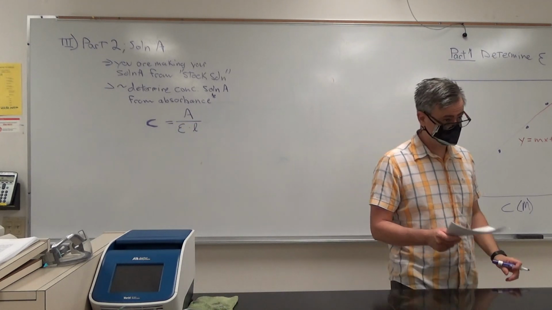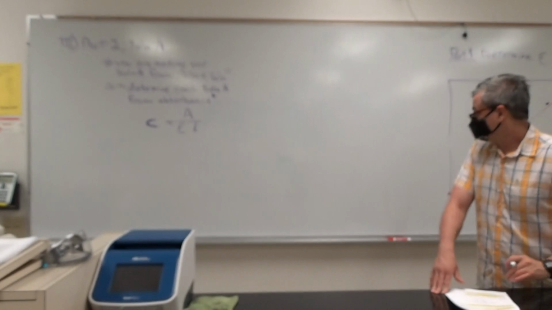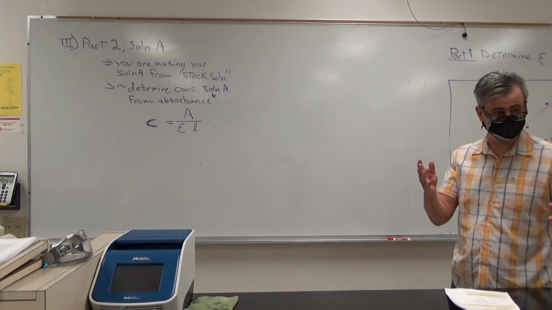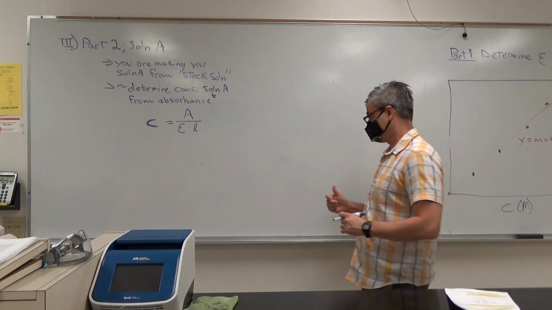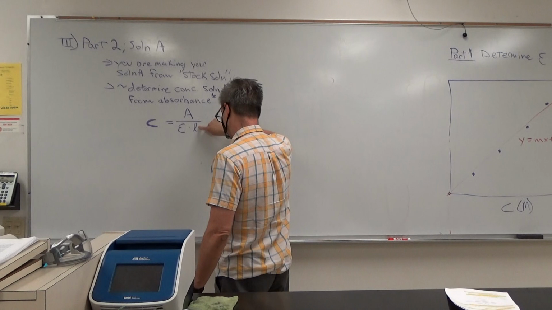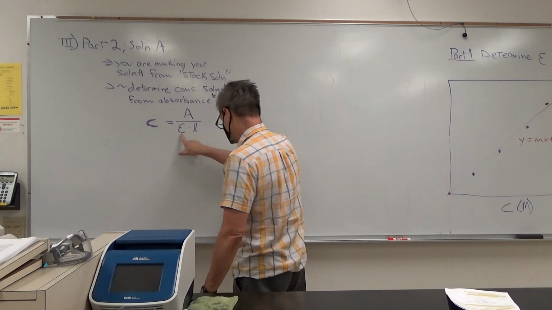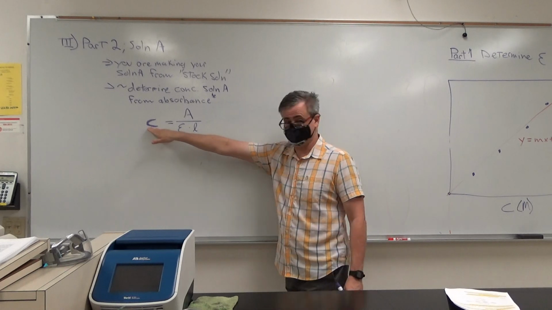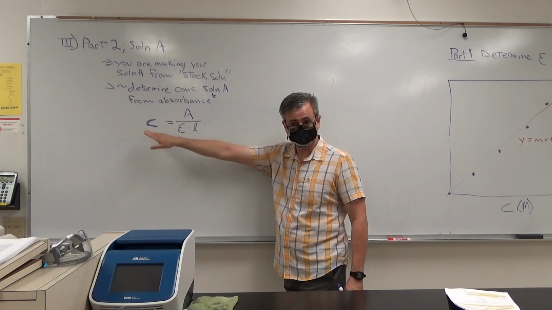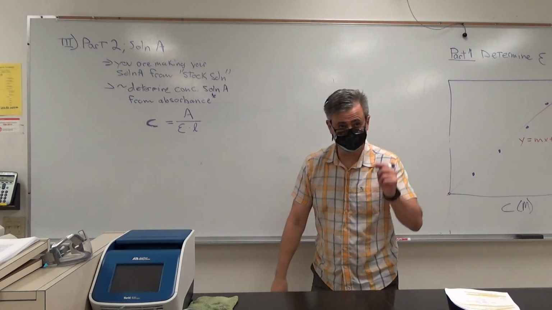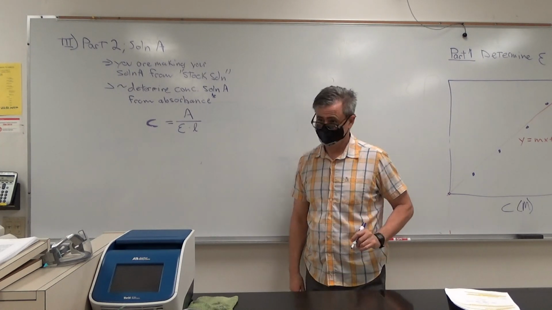Okay. Pay attention to the units of epsilon. Absorbance has no units, this is 1 centimeter, and so epsilon is going to have units such that you end up with moles per liter, concentration, molarity. Okay? So think about that. It involves things raised to the -1.